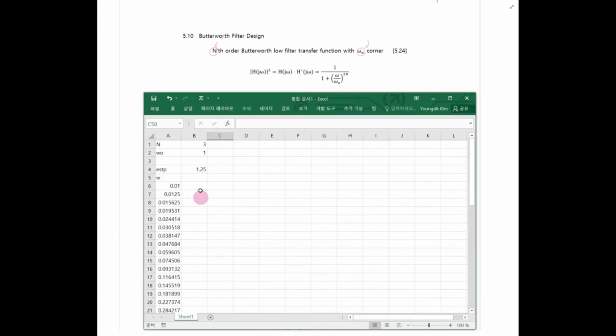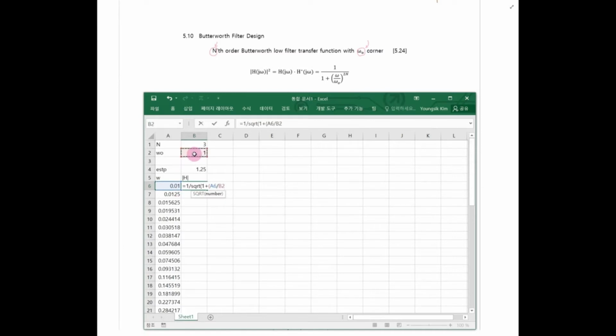Then the absolute value of H is the square root of this one, so I take the square root of 1 plus omega divided by omega 0.